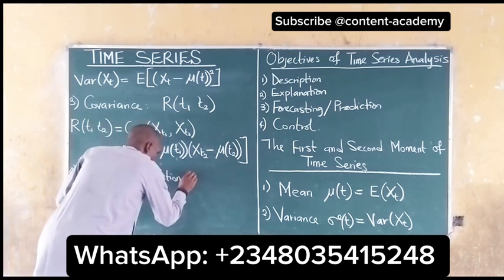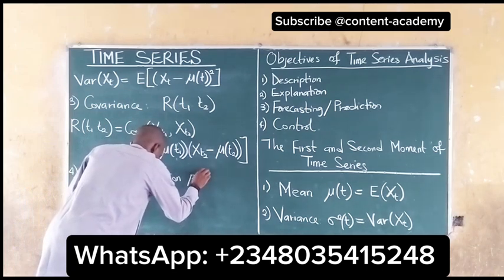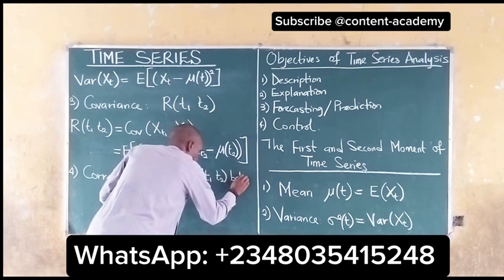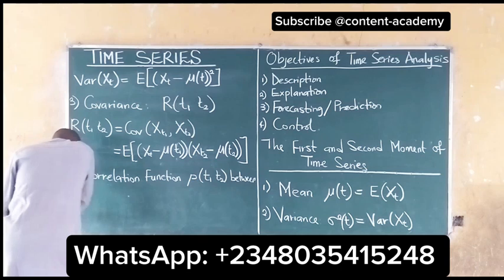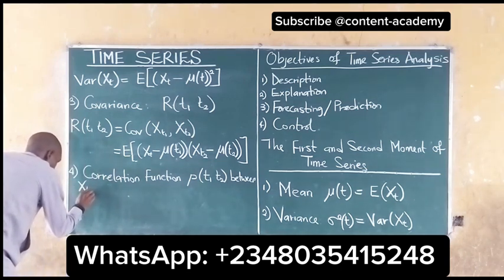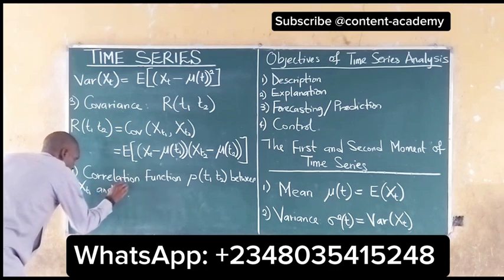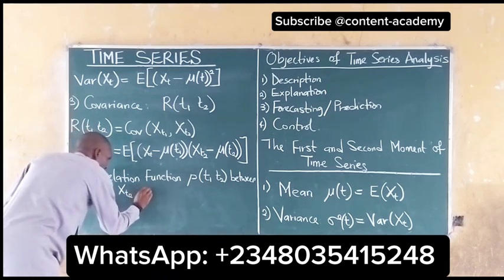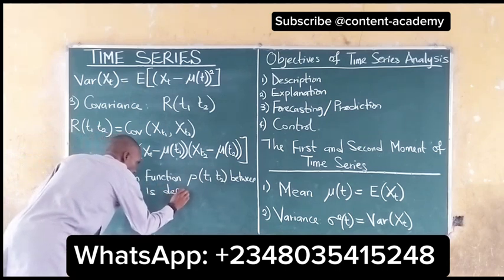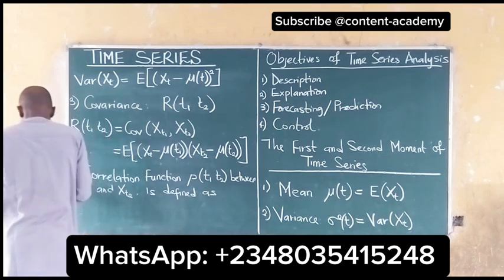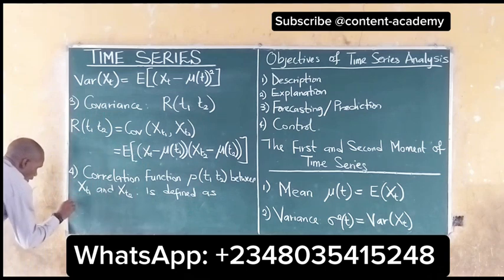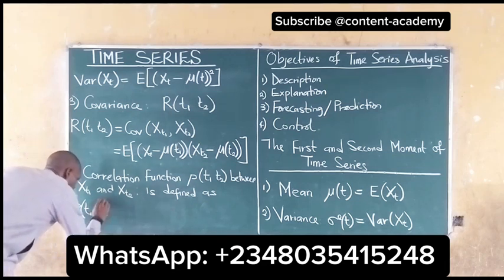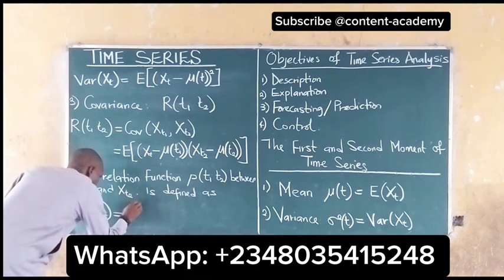The correlation function can be denoted as the correlation between xt1 and xt2, and is defined as rho of t1, t2 equal to the covariance.